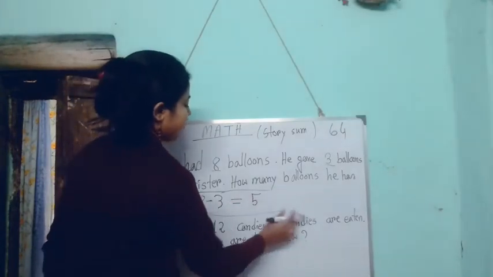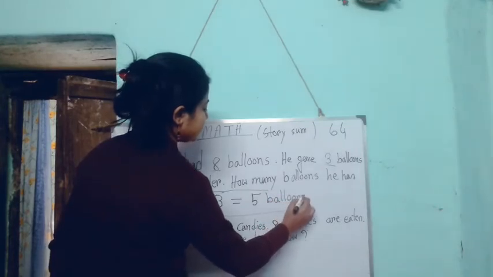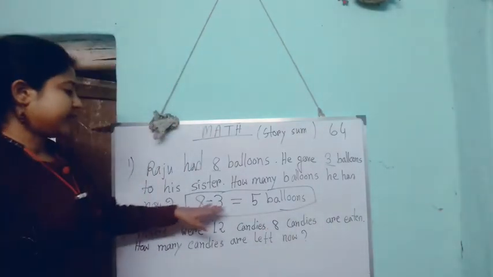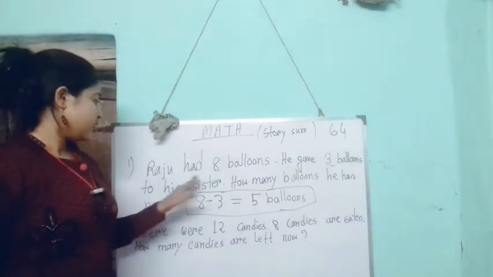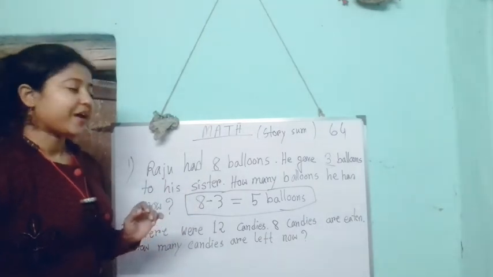So 5 balloons, right? So 8 minus 3, 5 balloons. So Raju has 5 balloons now.